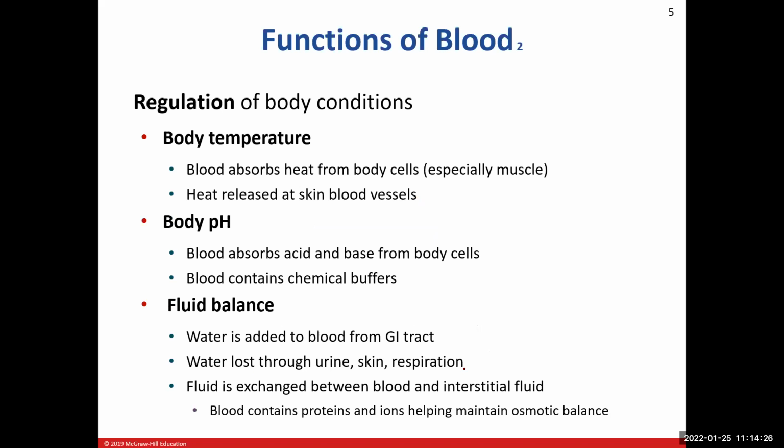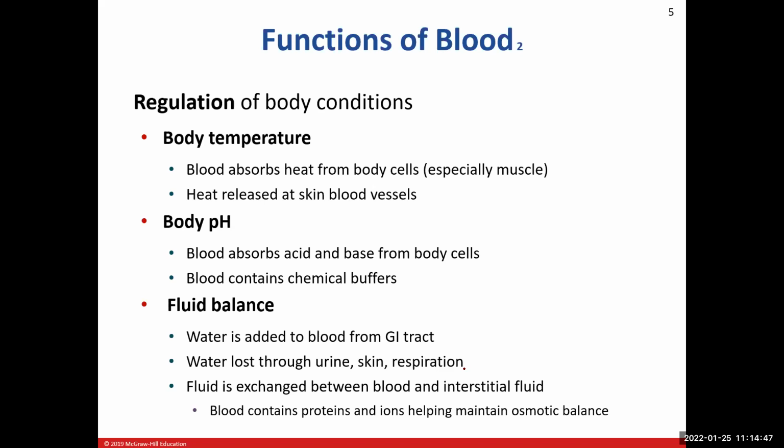As tissues are undergoing metabolism, I don't want to bore you with the different types of chemical reactions, but a lot of our chemical reactions in our body are what we call exothermic. And as a result of these chemical reactions, they give off heat. And so that heat has to go somewhere. Exercising muscles, all the time. As you're exercising, they start to warm up.